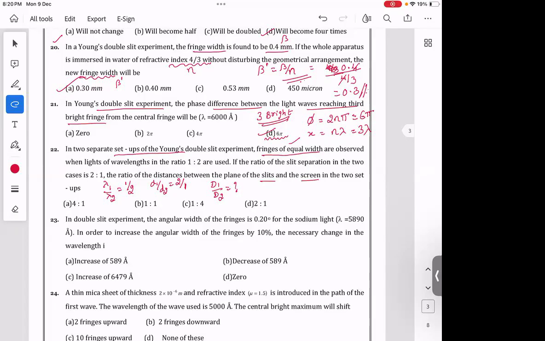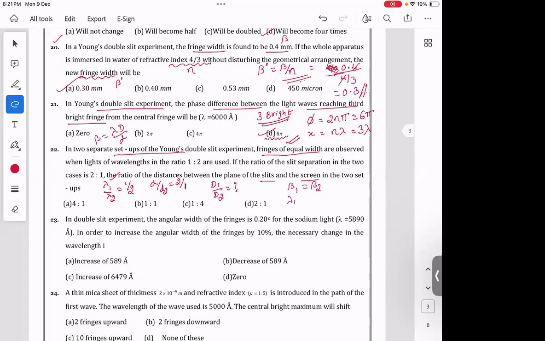They are telling that the fringe width is of equal width. So beta 1 equals beta 2. You know the formula for the fringe width: beta equals lambda D by d. So beta is directly proportional to lambda.